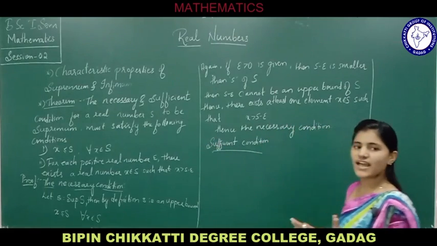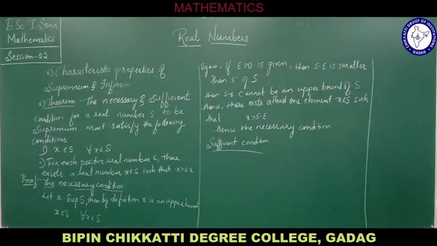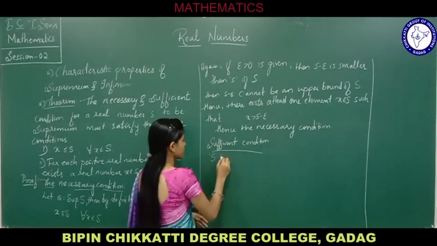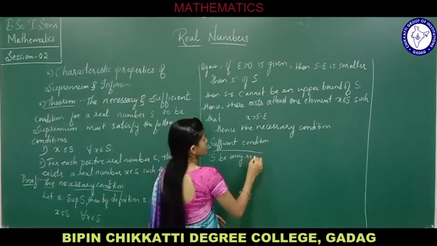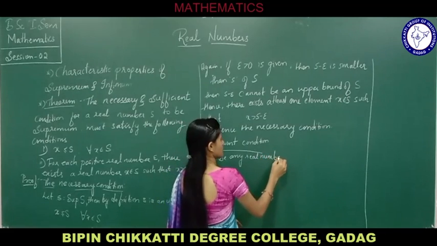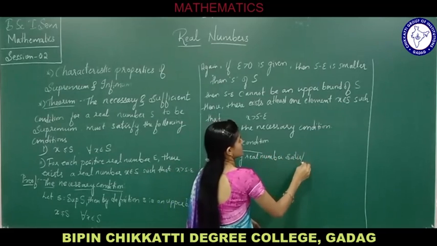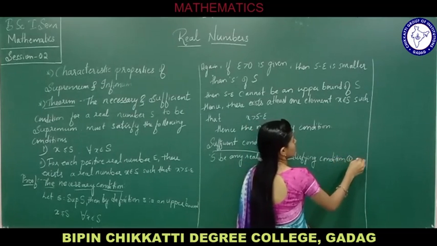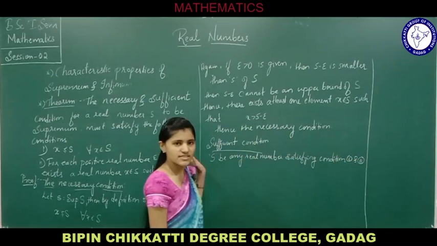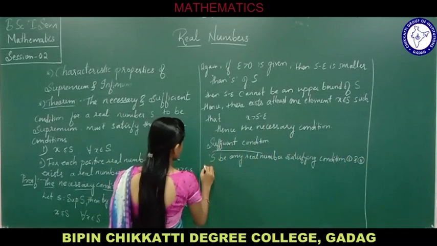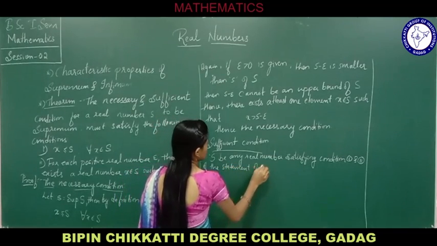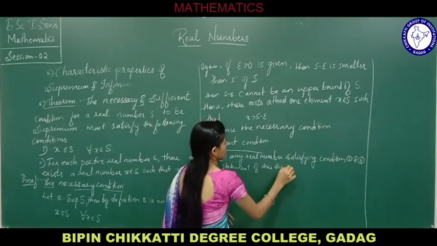See, conditions 1 and 2 are what they have given. Now let s be any real number satisfying conditions 1 and 2 of the statement of the theorem.